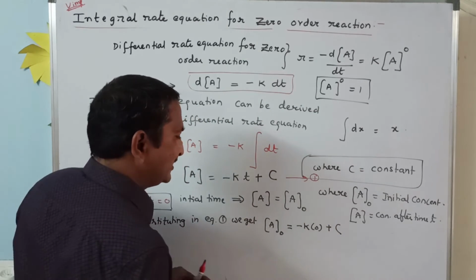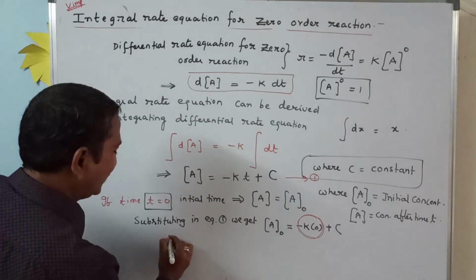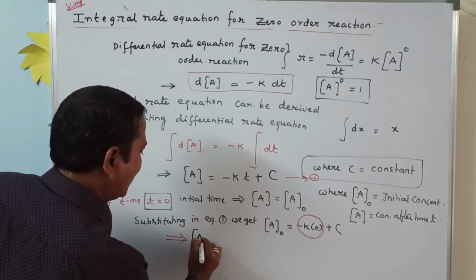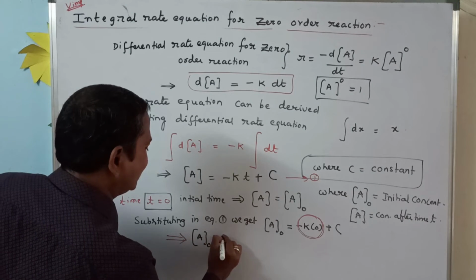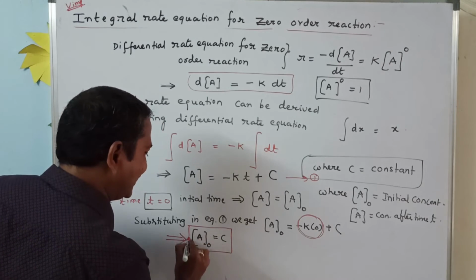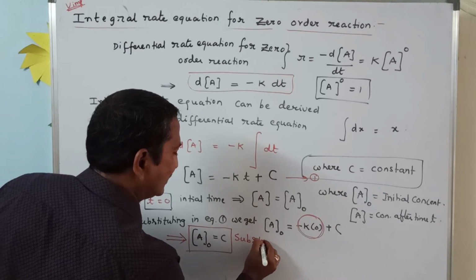So this is 0. That implies [A]0 is equal to c. So we have derived the c value. What is the value of c? [A]0.